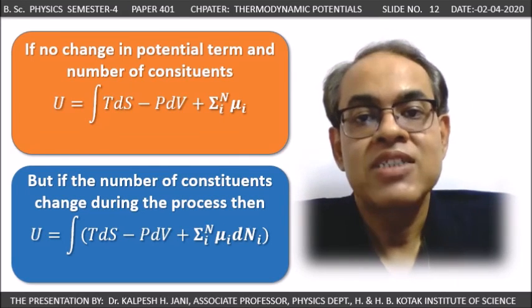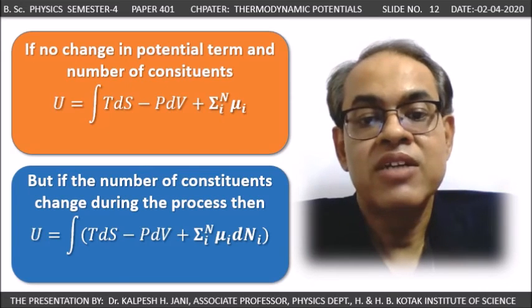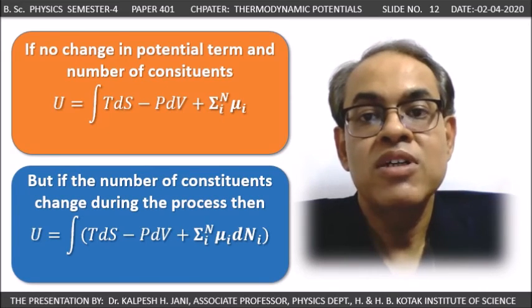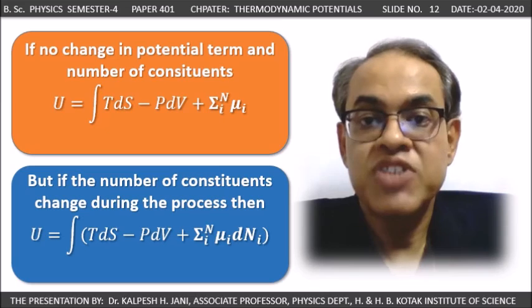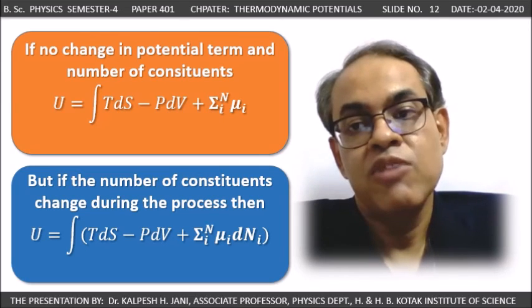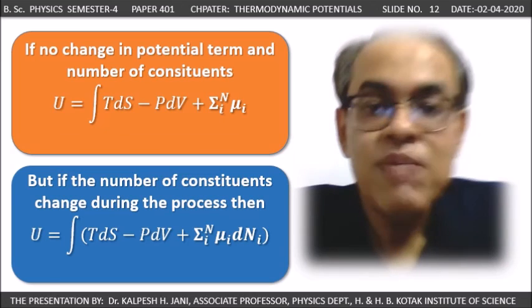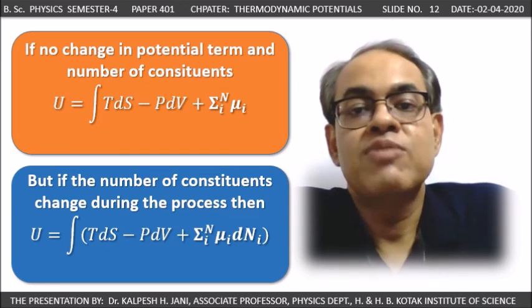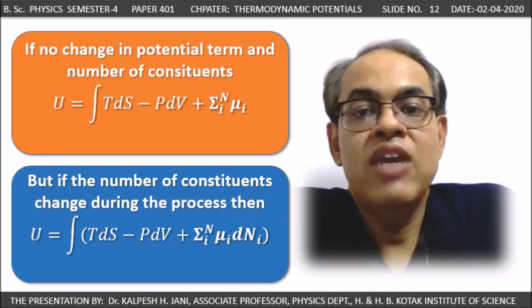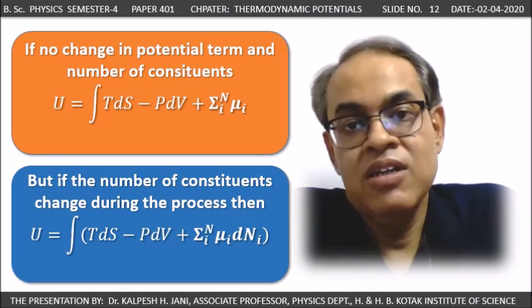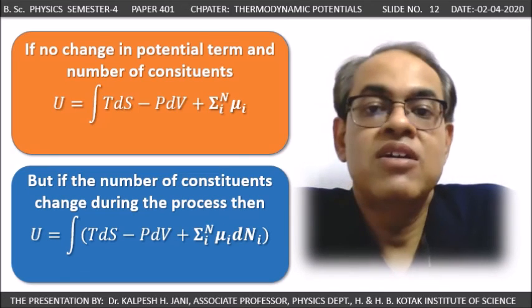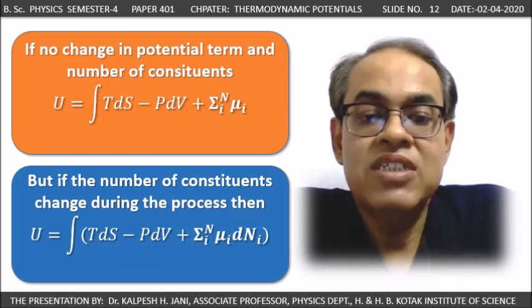So in that case, we have to take the integration of all the small changes of the number of molecules during the process, giving the total amount of change of the potential energy, along with the energy which is retained with the system in the form of heat content.